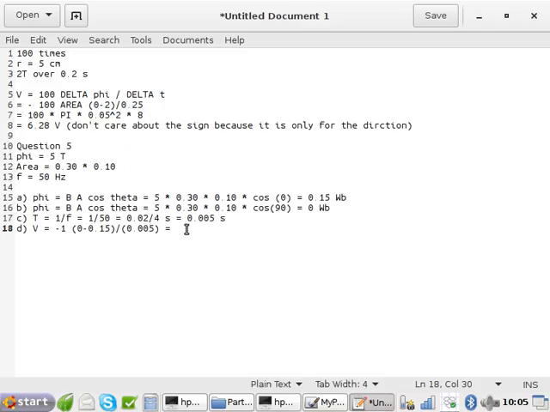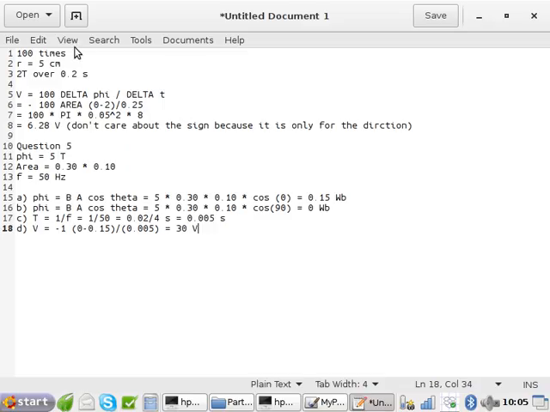Is it like 30 volts or something? What is it? 30. Yeah, what's the answer here? 30. It is 30? Okay. 0 minus 0.15.